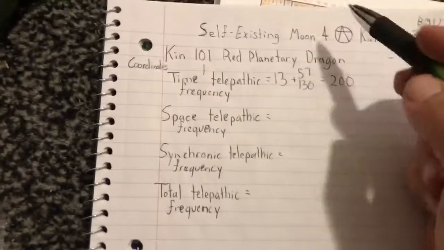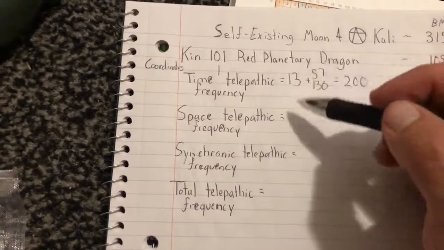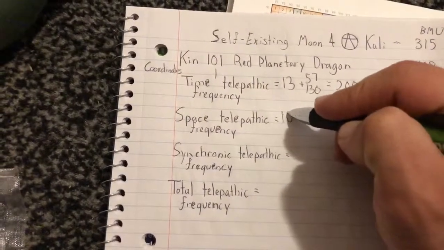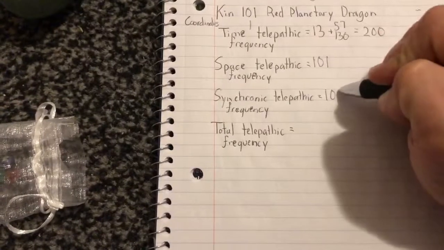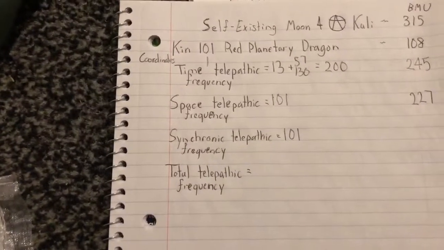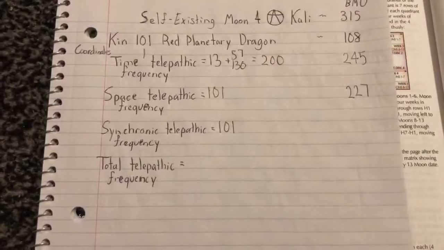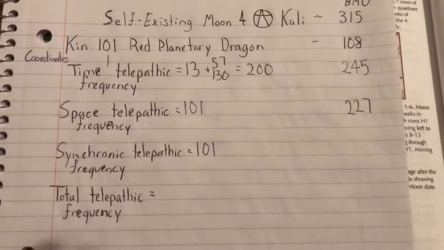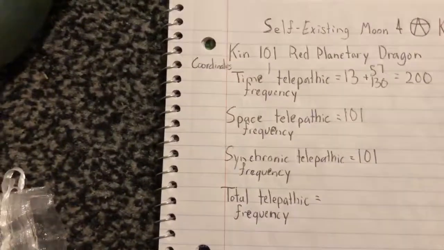So we add up the numbers, since it's kin 101, this is 101. And also the synchronic one too. I forgot to write the coordinates.